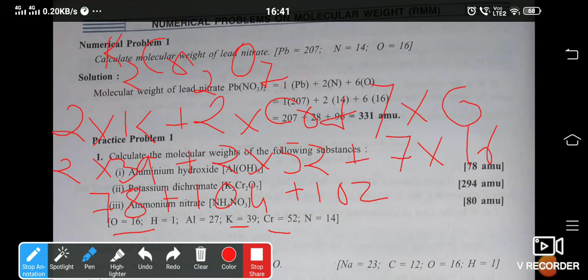Now again, as you know, chemistry teachers are really lazy. So I'll do a shortcut method. 78 plus 102 is 180.